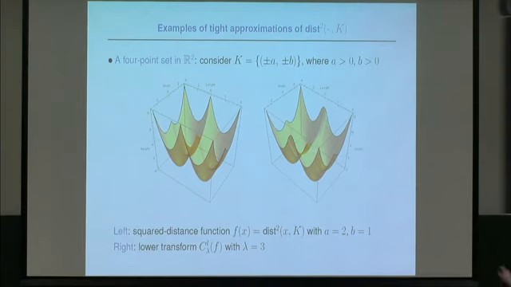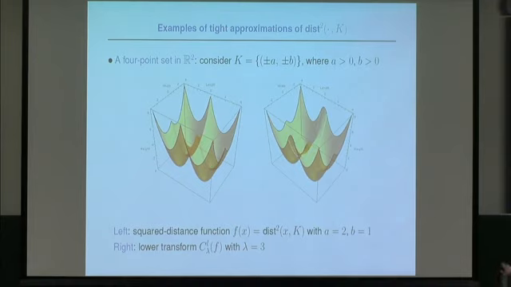And then the thing that you get on the right-hand side is a graph of the lower transform of this function f, so of this square distance to the set K, for a particular value of lambda. This is like a 2-dimensional example corresponding to the one that I showed earlier in 1 dimension.